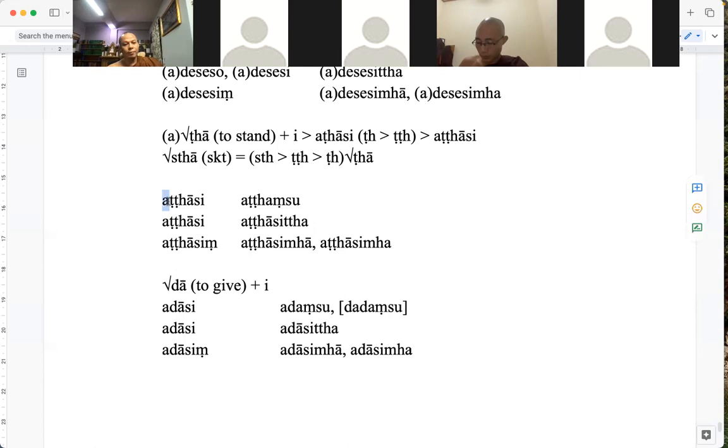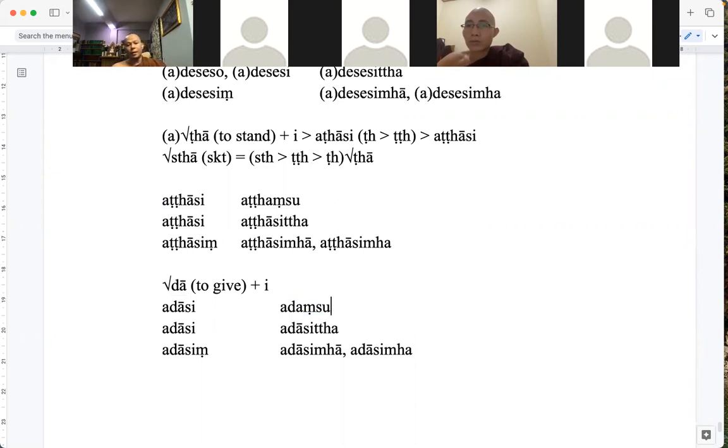Okay. But for these irregular roots, we always insert da here. So we don't have the dasi form or damsu form. Adasi, adamsu, adasi, adaseta, and so on. Okay, to avoid confusion, this one I will drop it.